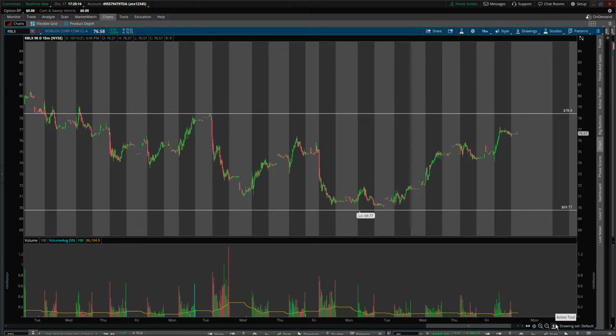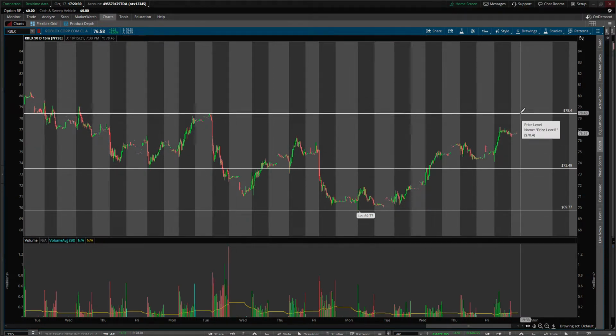But the reason I don't like doing that, and the reason I like getting my levels closer towards the mid ranges of these consolidation areas, is because if you get a breakout, for instance, if I had a level right here, I'll find the official level later, and I was playing this breakout out of here, I get in way earlier than I would if I had gotten the breakout of this level right here.